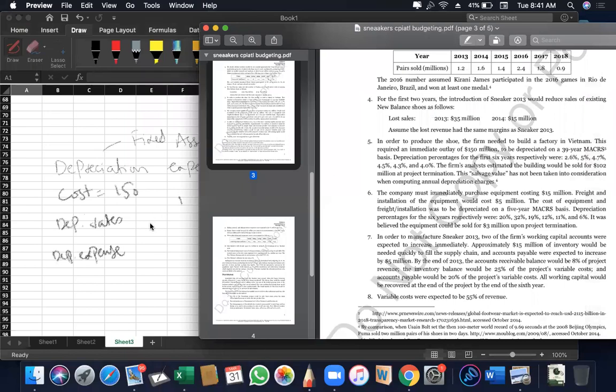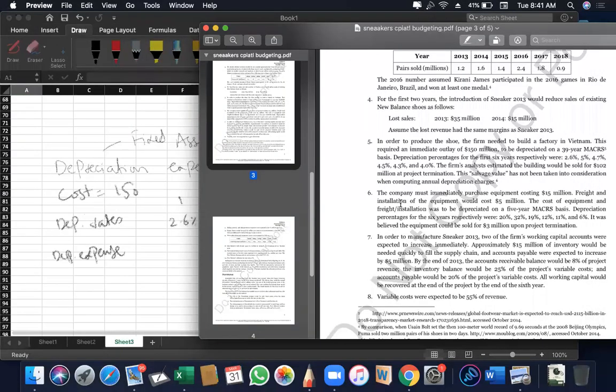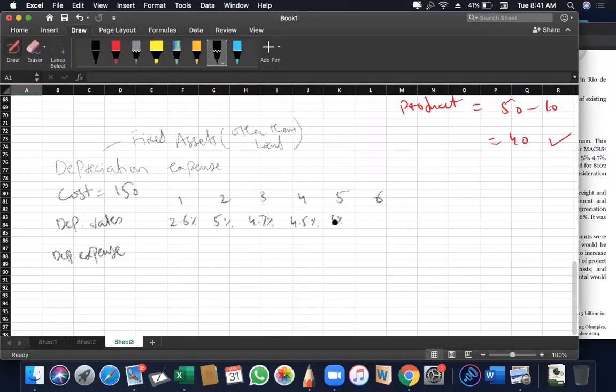It is 2.6%, 5%, 4.7%, 4.5%, 3%, 4.3%, and the last one is 4%.